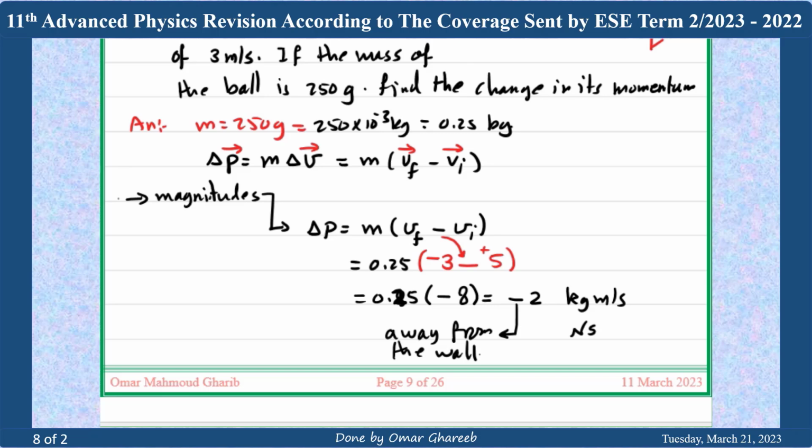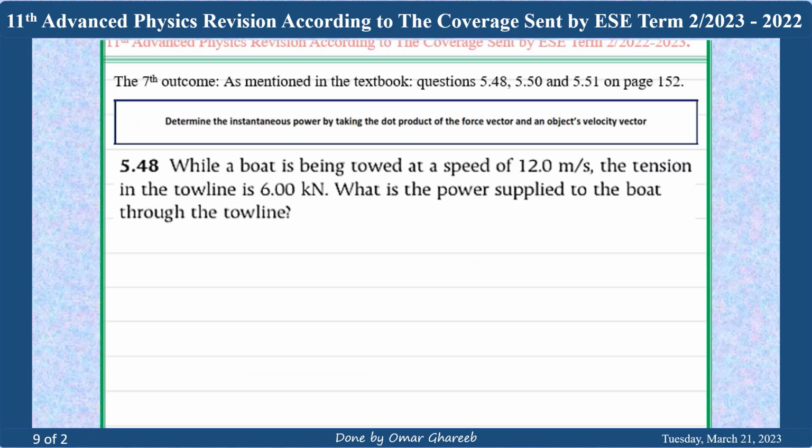Now let's go to outcome number 7. I hope there is no problem with that, as with 5 and 6. In this outcome, we need to determine the instantaneous power by taking the dot product of the force vector and the object velocity vector. Now, what is the power in general? Power is W, which is the work over time, or energy over time.